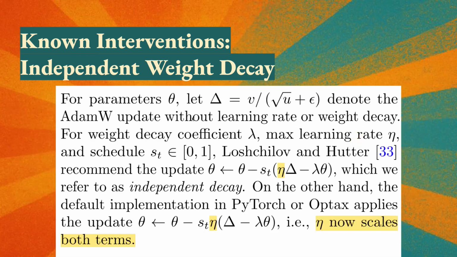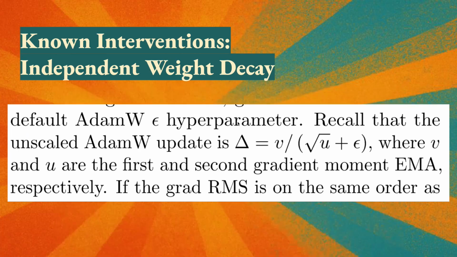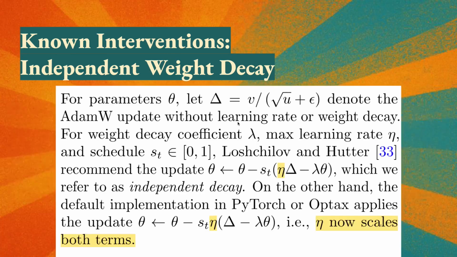So looking at what is independent weight decay, for some parameters theta, let the unscaled AdamW update equal the first moment divided by the square root of the second moment of the gradients plus epsilon. So we're not introducing the learning rate here. So this is the unscaled update. If we have weight decay, we have a weight decay coefficient lambda. We have some max learning rate eta, and we have some schedule from 0 to 1 that we are introducing our learning rate with.